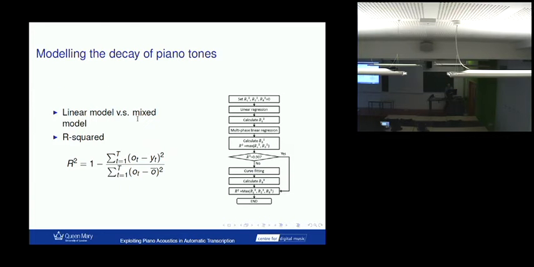The mixed model means we use the best result of these 3 models. This is the flow chart for the process. Then we use R squared to indicate how good the fitting is. The bigger the R squared, the better the fitting.